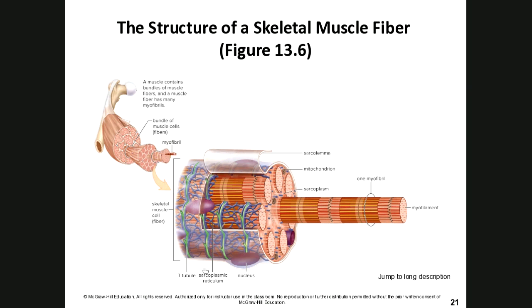This blue stuff is the sarcoplasmic reticulum, and it's going to store calcium. It's surrounding this muscle cell, and within this muscle cell are lots of these myofibrils. These myofibrils are collections of actin and myosin filaments. So this one myofibril that we pulled out has the actin and the myosin filaments in there.